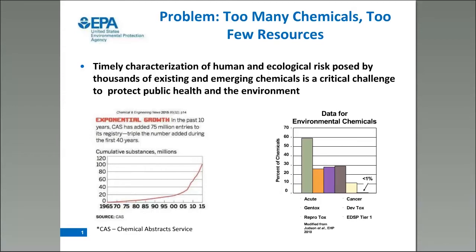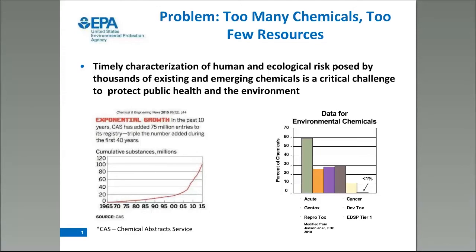From 2005 to 2015, there were over 75 million entries to this registry, which is triple the number added during the first 4 years that the registry existed. And it just highlights the exponential growth that we're seeing in the number of chemicals being added for potential use, but also potential exposure in the environment.